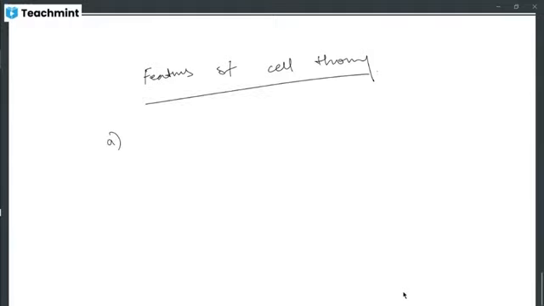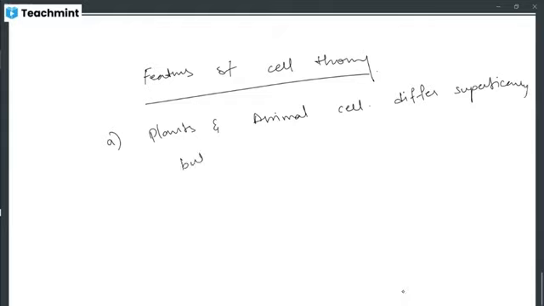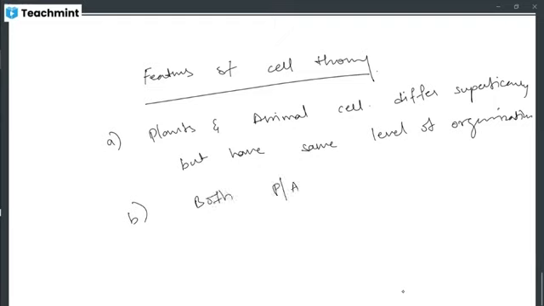Features of cell theory are: point number 1, plant and animal cells differ superficially but have the same level of organization. 2, both plants and animals are made up of cells.